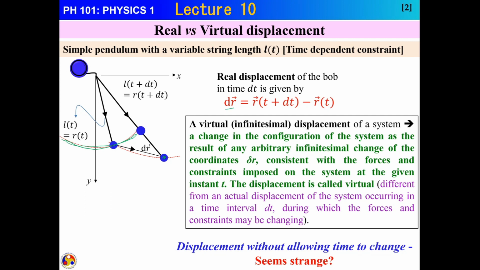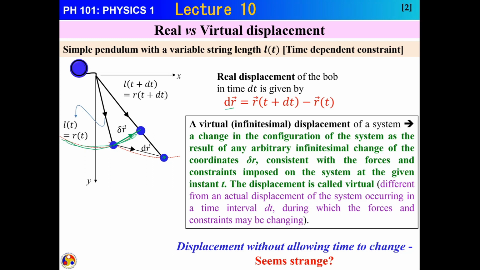Remember, now it is dr here, it is delta r, consistent with the forces and constraints imposed on the system at the given instant time t. Then that displacement is called virtual displacement.